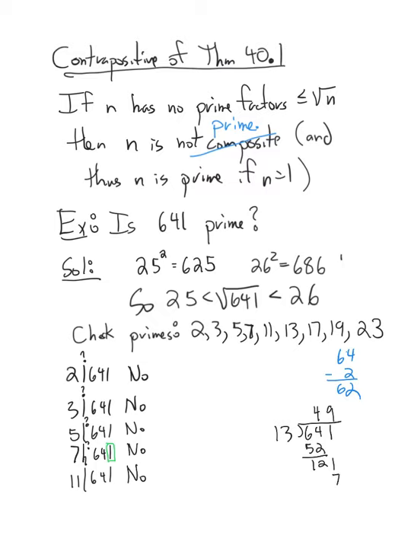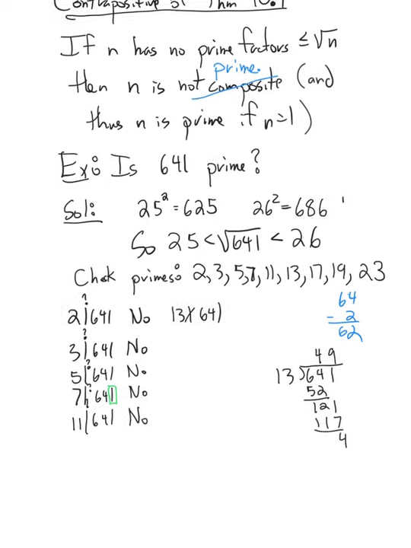So that is 7, carry the 2, 117. Remainder 4. So 13 is not a factor of 641. And we can keep going with the others. Let me just scroll up here. Oh, that's not scrolling. There we go.